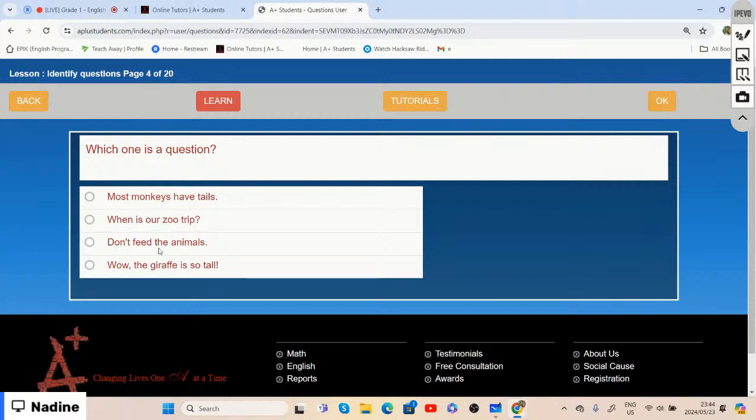And then the next one is, when is our zoo trip? When is our zoo trip? And if we were to respond and say, when is our zoo trip, right?